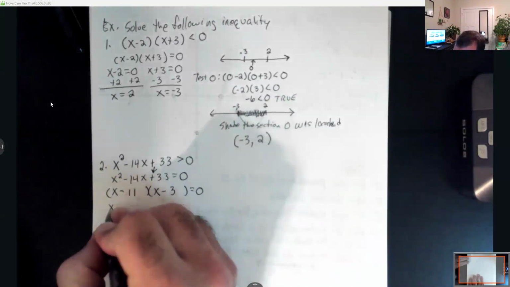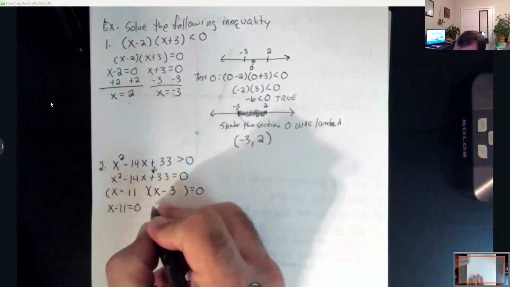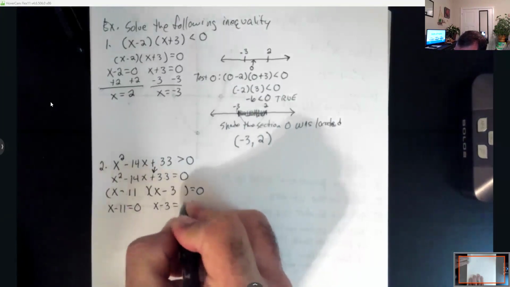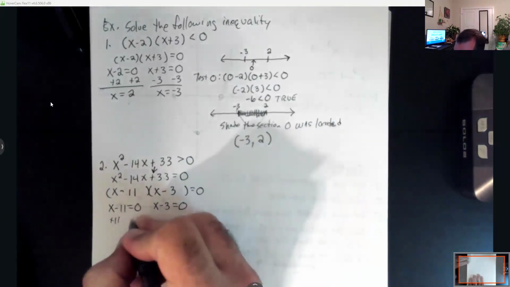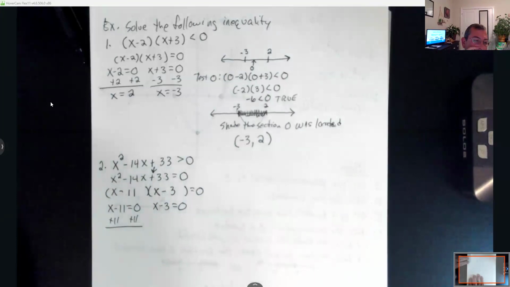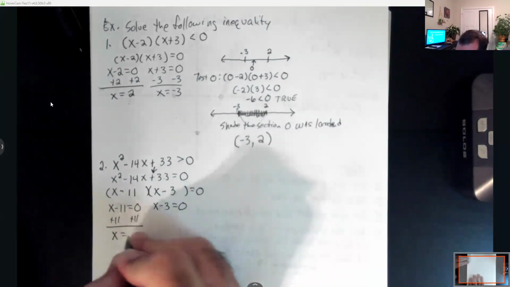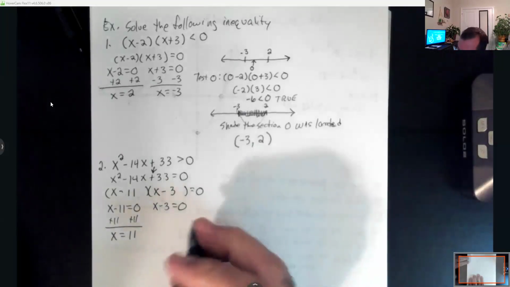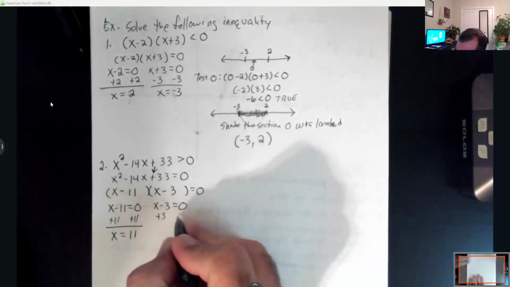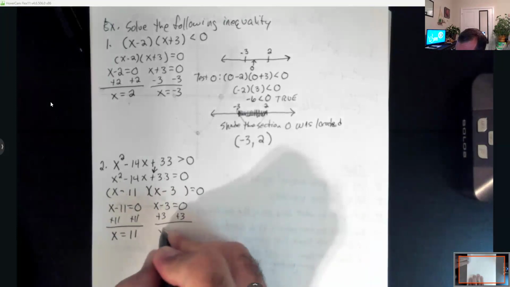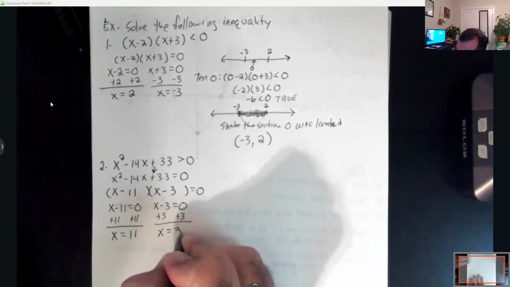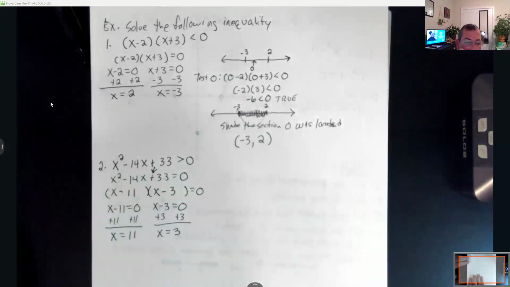All right, y'all, so now we just set everything equal to 0 to get our numbers. And remember, at this point, all we're doing is changing the numbers from a -11 to a +11. And same thing, this -3, when we solve it, will give me a +3.